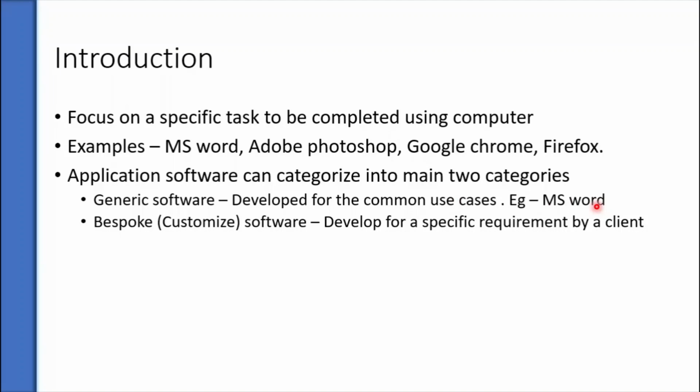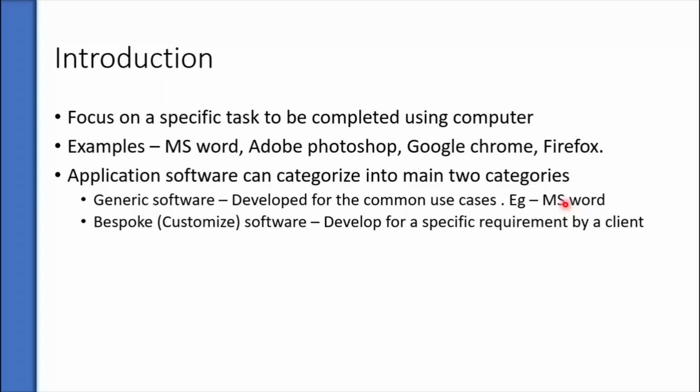Microsoft Word was not developed for a specific person, but for a large scale of users. That means for everyone who needs some sort of word processing activity, Microsoft Word supports that. Microsoft Corporation is targeting everyone, not a specific person.